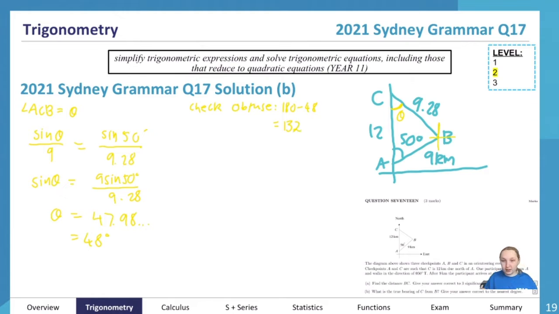We already know that one of our angles is 50 degrees, so let's check if we could have a third angle. 132 plus 50, that is greater than 180. Therefore, theta is acute. Whenever you use the sine rule, you should always check for the ambiguous case, that you may have an obtuse angle when using the sine rule.